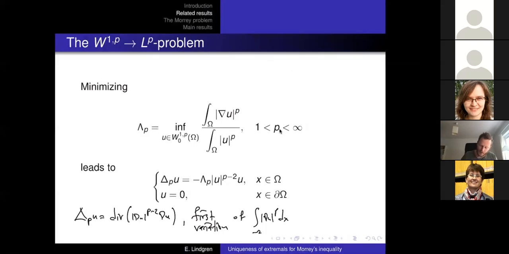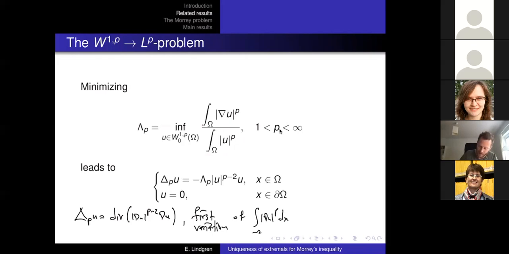It's important to note what I said here, that if you look for minimizers of this, since the quotient is invariant under multiplication with a constant, you might as well look for minimizing this quotient over functions which have L^p norm equal to 1.